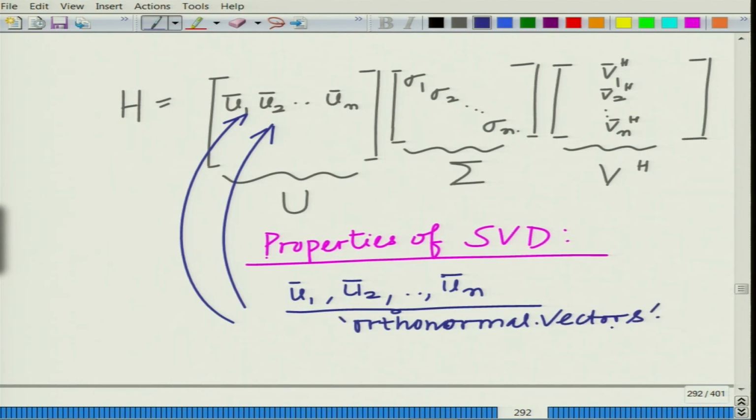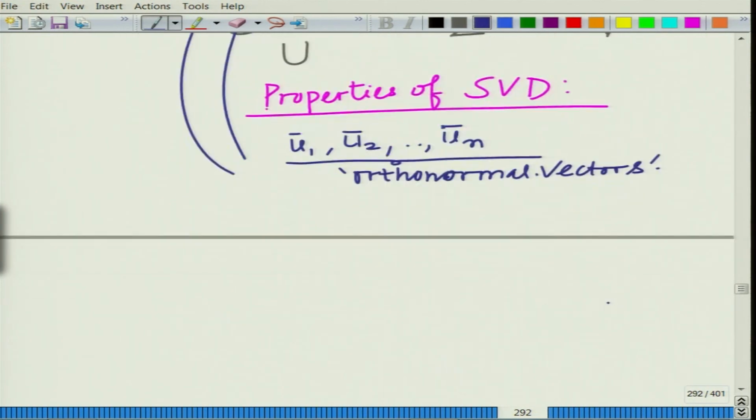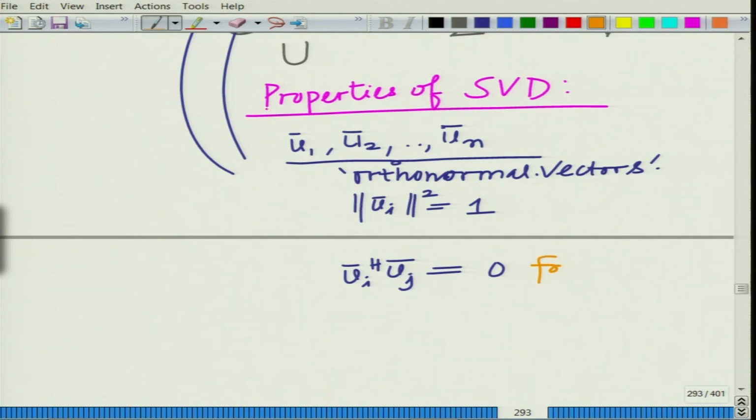These are orthonormal vectors, which essentially implies that each is unit norm, that is norm of ui square equal to 1, and orthogonal, which means ui bar Hermitian uj bar equal to 0 for i not equal to j.